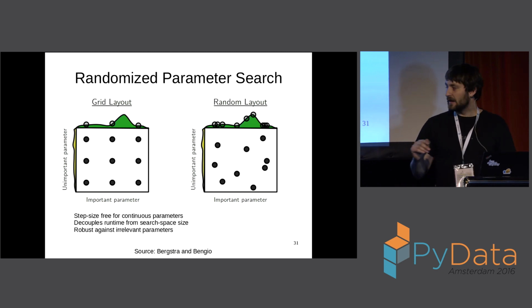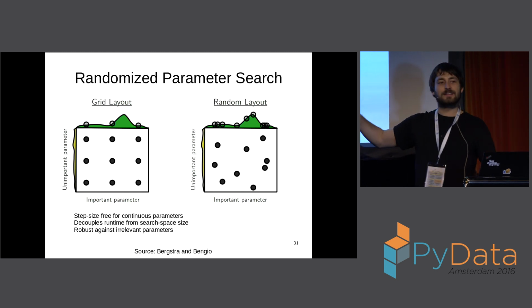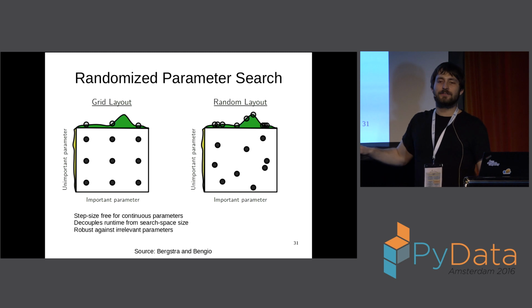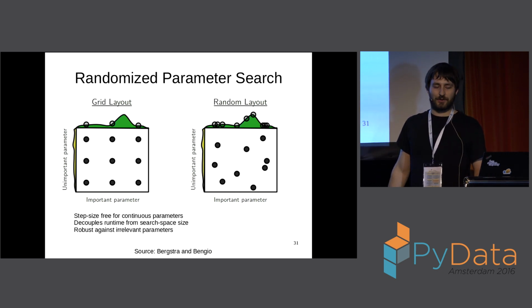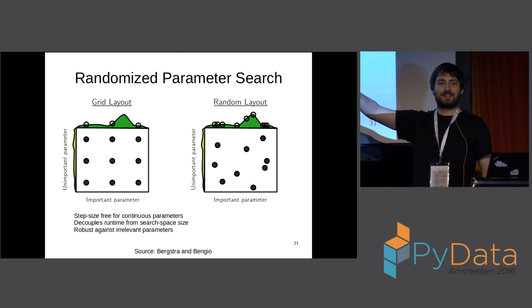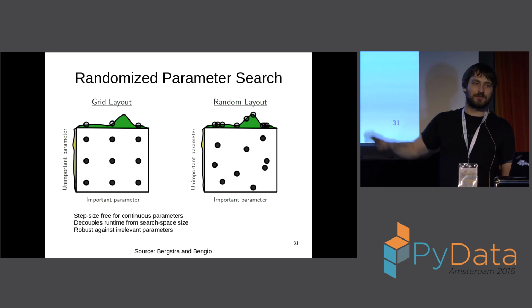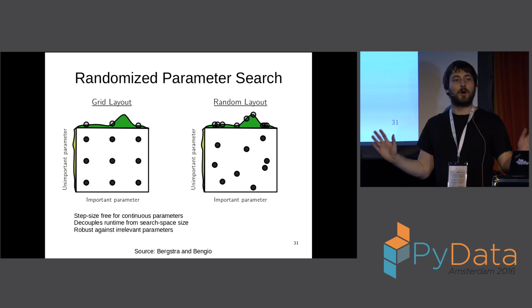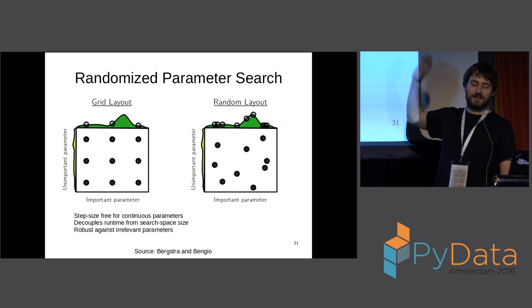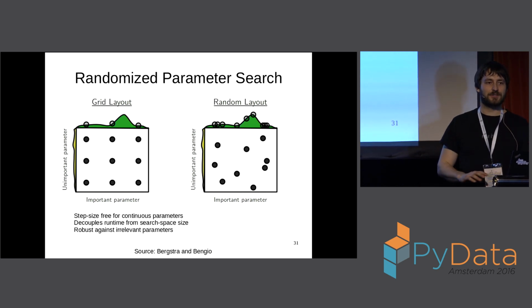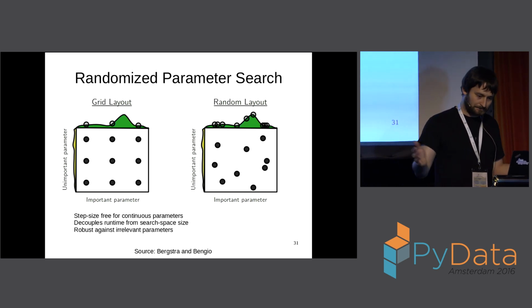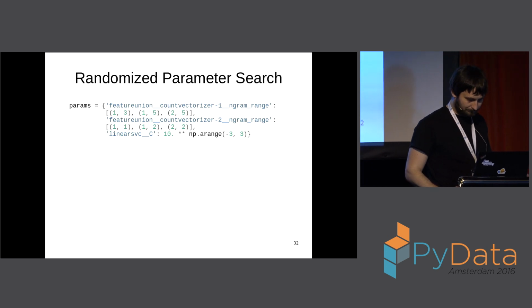And the most important part is, if you add irrelevant parameters, it doesn't get slower. If you add 5 irrelevant parameters to the grid search, it will be impossible to do. If you add 5 irrelevant parameters to the randomized search, it's still as fast. So that's kind of cool.